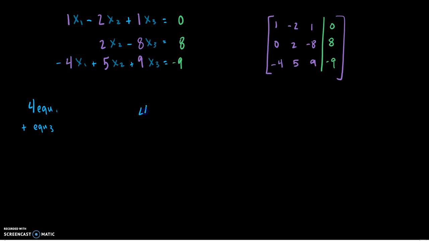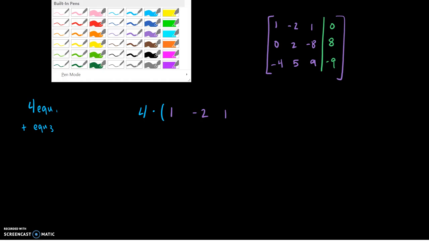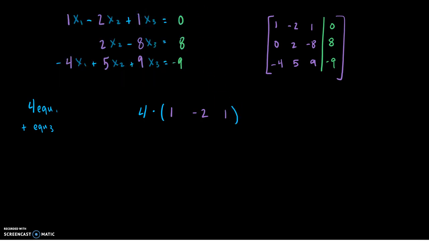So we're saying 4 times equation 1. Well, equation 1 is literally 1, negative 2, and 1, right? And then we are going to add that to equation 3.